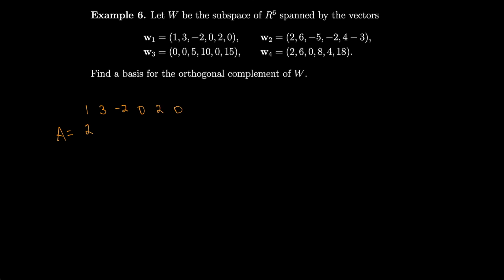My second row will be 2, 6, -5, -2, 4, -3 for w2. Then for w3, I have 0, 0, 5, 10, 0, 15. And for w4, I have 2, 6, 0, 8, 4, 18.